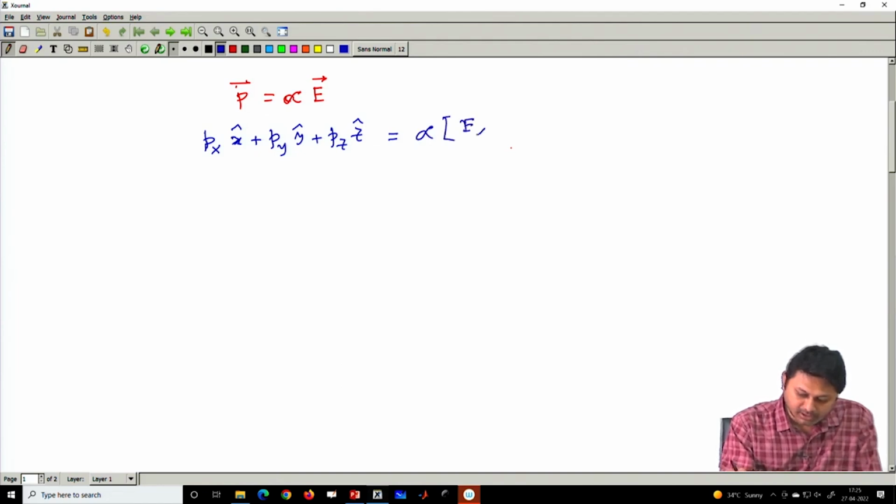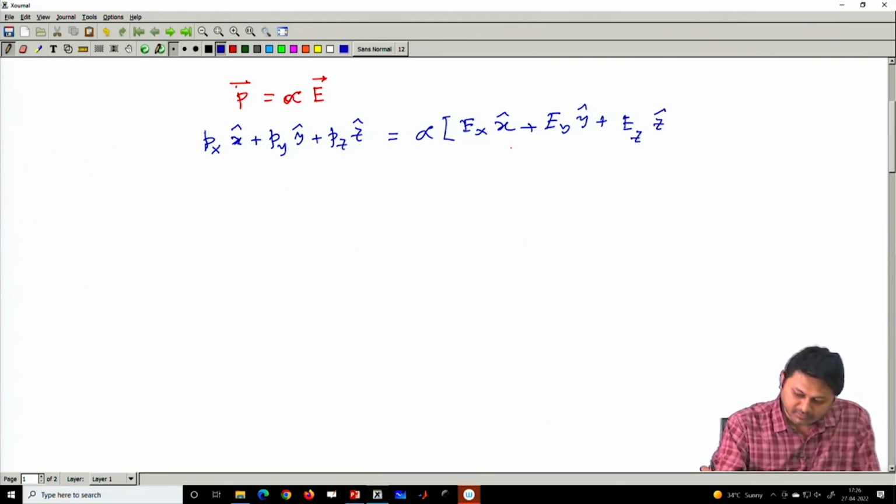Then I can have alpha times Ex x unit vector plus Ey y unit vector plus Ez z unit vector.